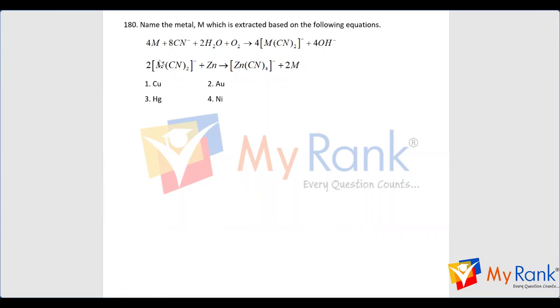This method is the cyanide process, MacArthur cyanide process, used to extract Ag and Au.